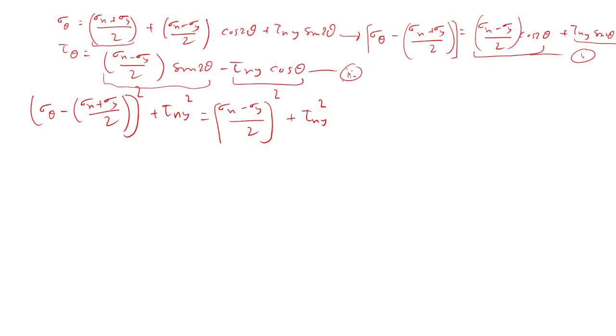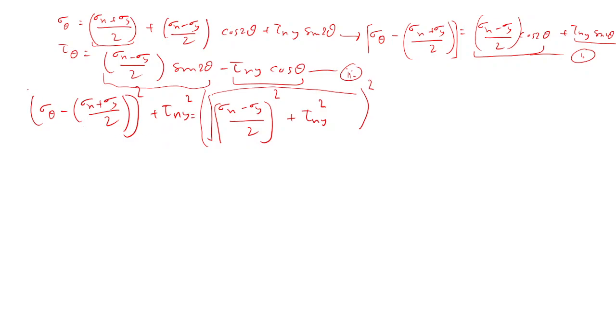And 2 times the multiple of all this and 2 times the multiple of all this will get cancelled, because here it is a plus b whole square, here a minus b whole square. You can see what I'm telling. So take the square root of this and the same square of this.